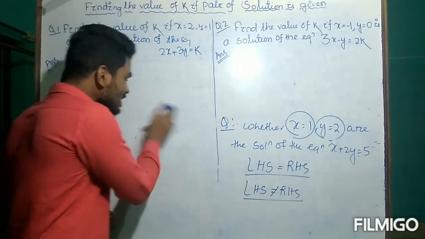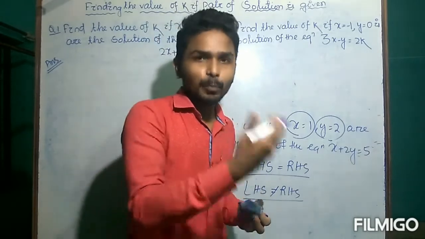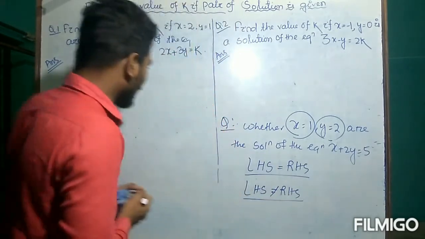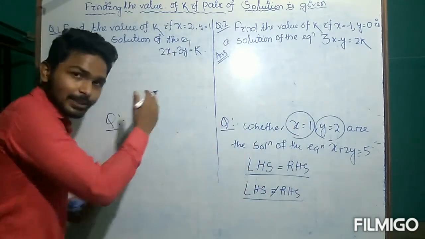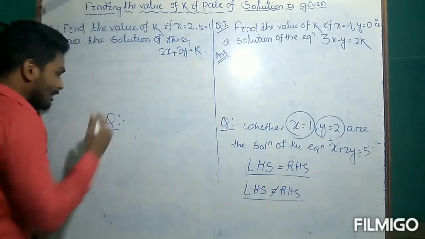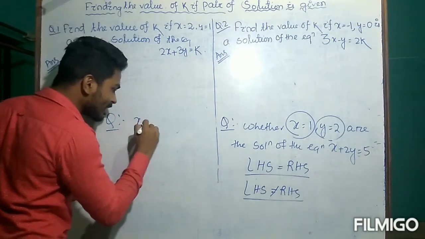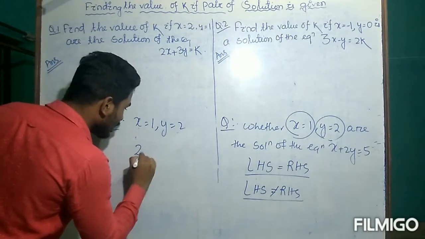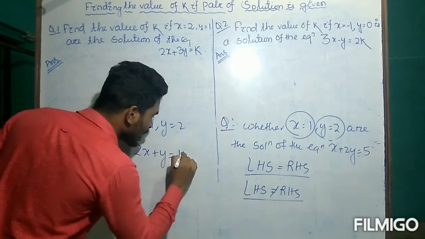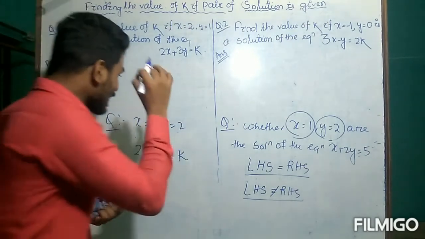But today in this class we are going to face a new problem. In lecture 5, in that type of question we already have the values of x and y and the linear equation, but there is a condition.